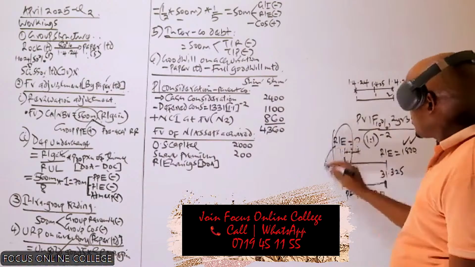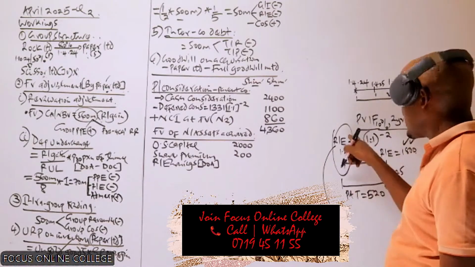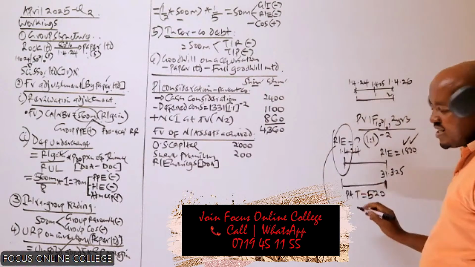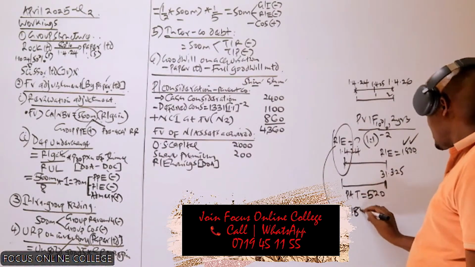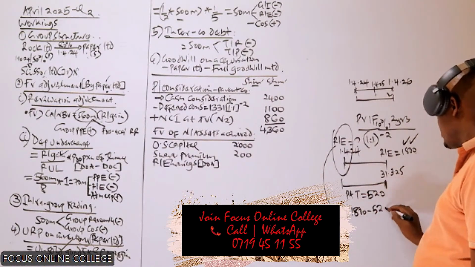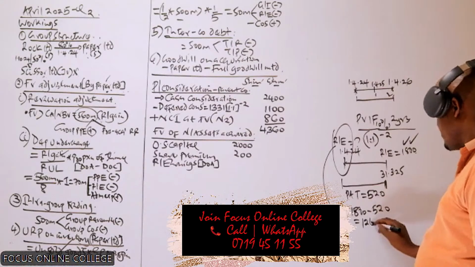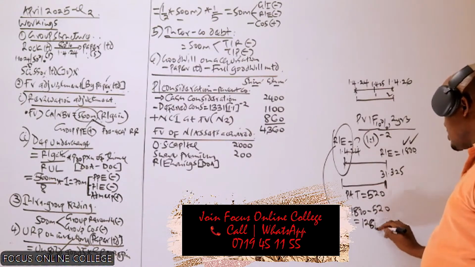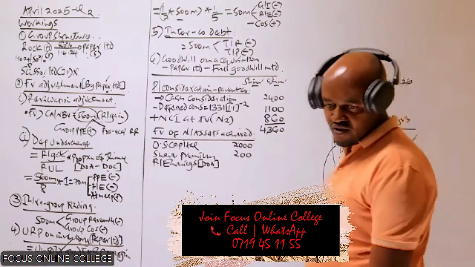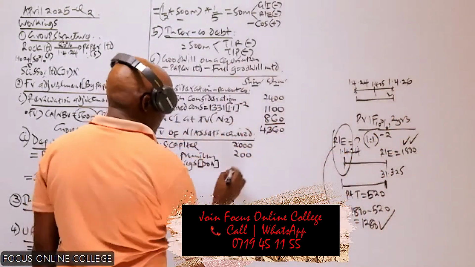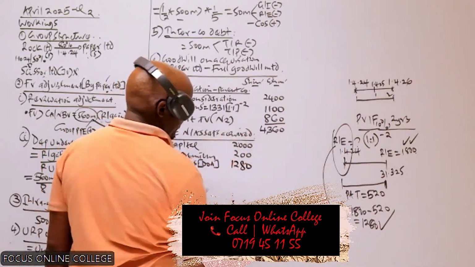To get this one, we will take this minus this. So therefore, the retained earnings at the start will be 1,800 minus 520. That will give us 1280. So 1280 is basically the retained earnings on the date of acquisition.